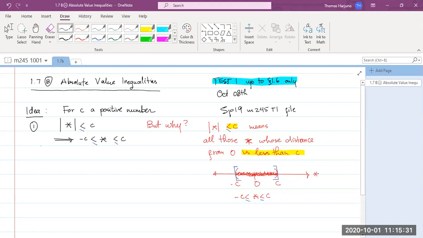The reason I tell you to imagine the diagram is because you have two cases that are very, very similar. The first one is less than or equal to, the second one is greater than or equal to a positive number. If that's the case, then this blah is either to the left of negative c or to the right of positive c.